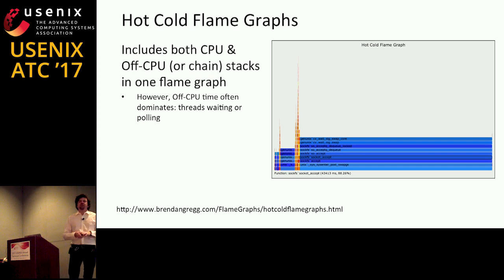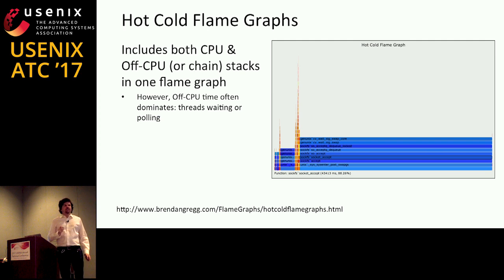Because if I have a multi-threaded application, so I've got Java and it's got 50 threads, it may only have 2 of them on CPU at any given time, and the other 48 are waiting for work. And so the resulting flame graph will be dominated by those 48 threads just waiting. How can we fix this? I don't know how to fix it. So this is an area that has not been solved yet.